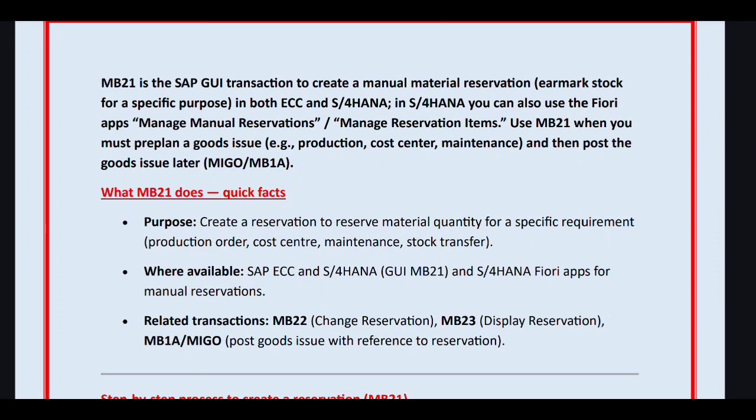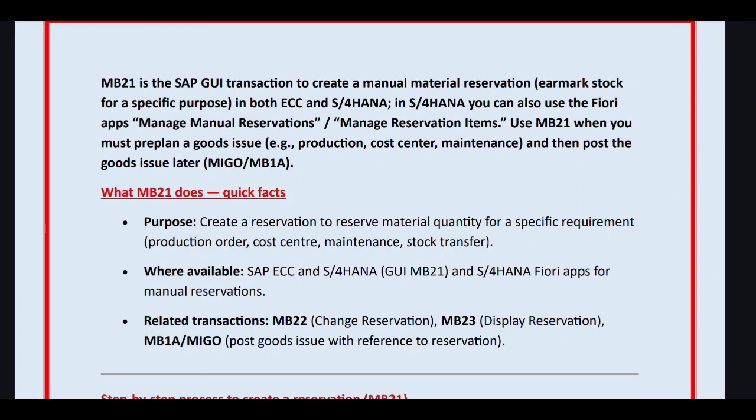For example, in my main SLOC ABC, we have 100 quantities available for unrestricted use, right? I just want to reserve 25 quantities for the capital expenditure or capital project and 20 quantities for our maintenance job for particular periods, right?